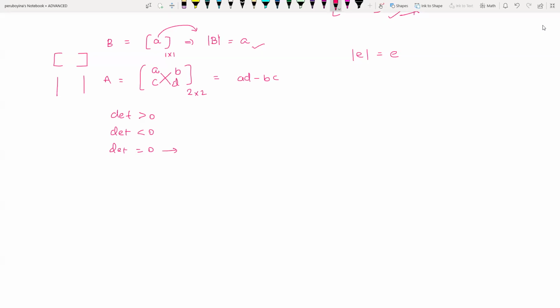If the determinant is 0, then that matrix is called a singular matrix, of any order. If it is not equal to 0, that means maybe greater than or maybe less than 0, in such a case it is called a non-singular matrix.